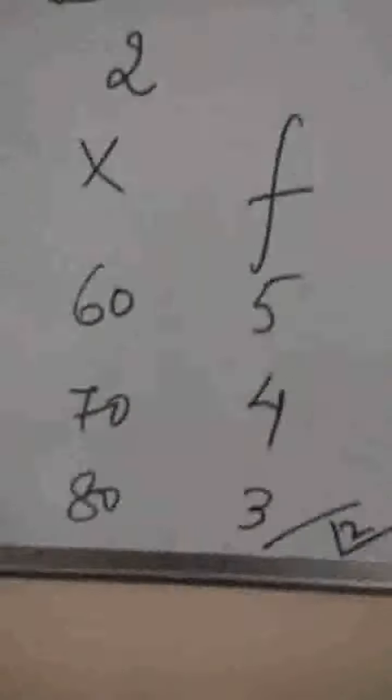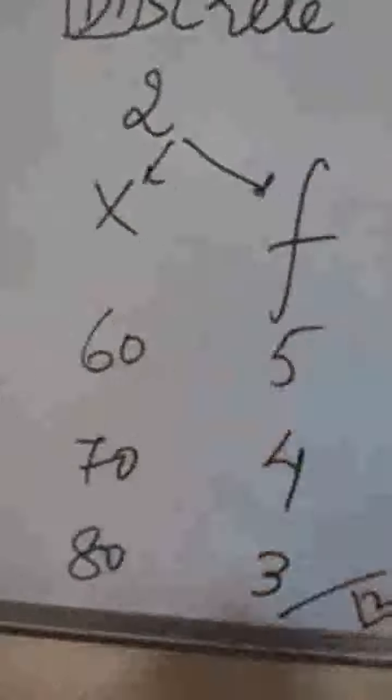The people who are getting 60 marks, 70 marks, 80 marks. What is the frequency? There are 5 children, there are 4 children, there are 3 children, right? Assuming that there are 12 children total in the class. This gives you information of 2 values, x and f.